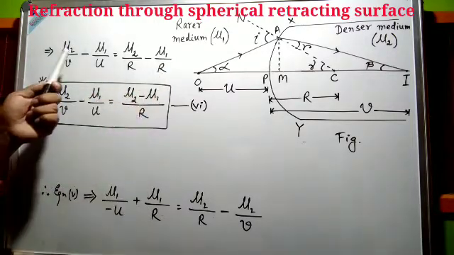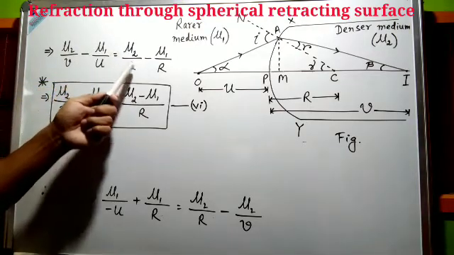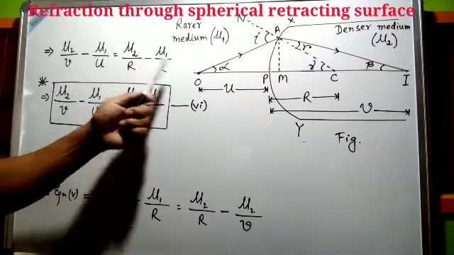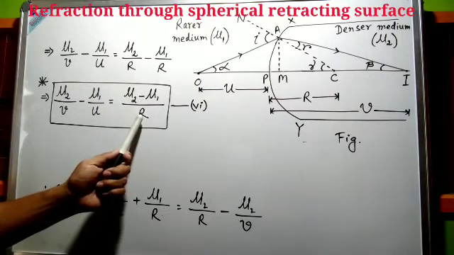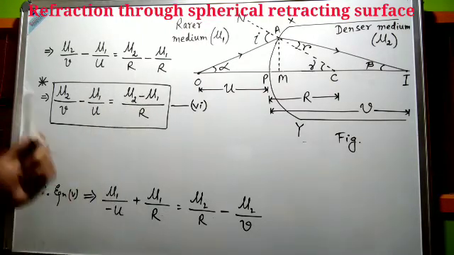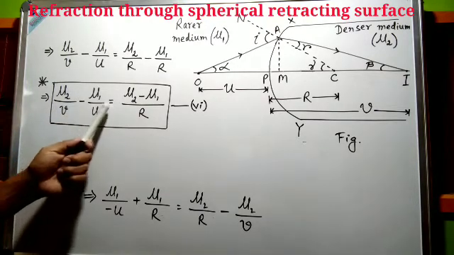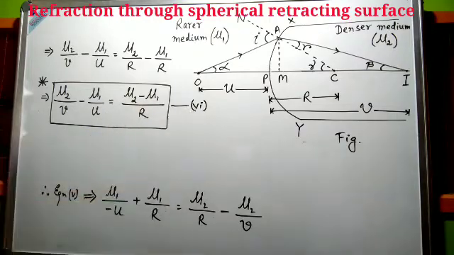So we may write mu2 by v minus mu1 by u equal to mu2 by R minus mu1 by R. Then on the right side capital R is common, so taking R common, we get mu2 minus mu1. Finally we may write mu2 divided by v minus mu1 by u equal to mu2 minus mu1 divided by R, and write it as equation number 6.